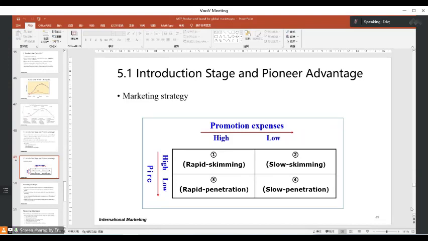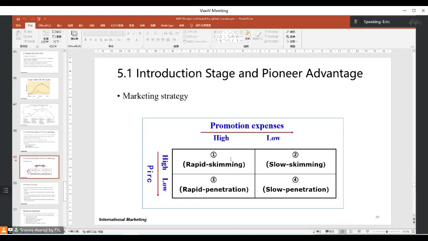If you just want to get the profits in a short time, about this strategy, this mode, you can choose option one in this block. Option one means you can set a high price.